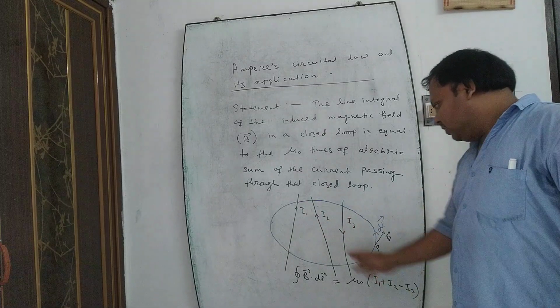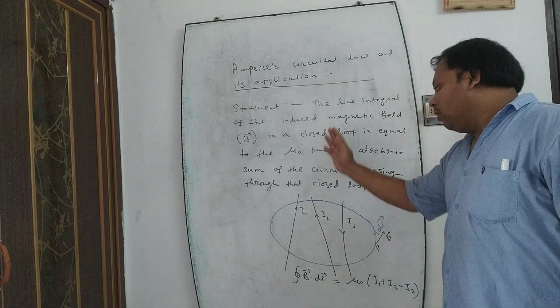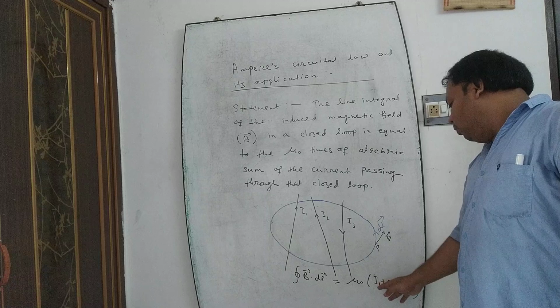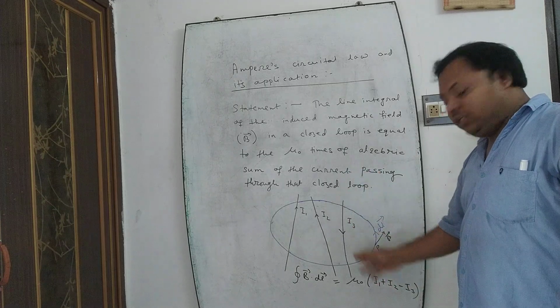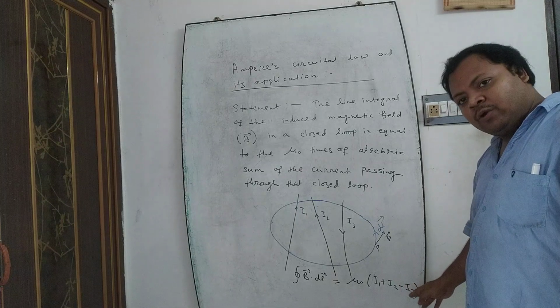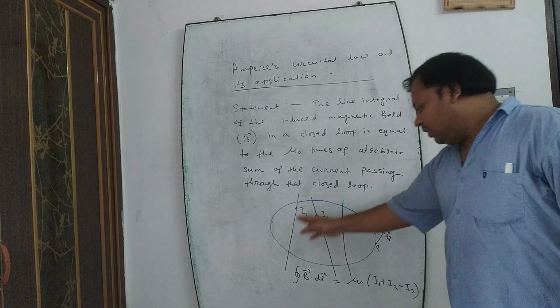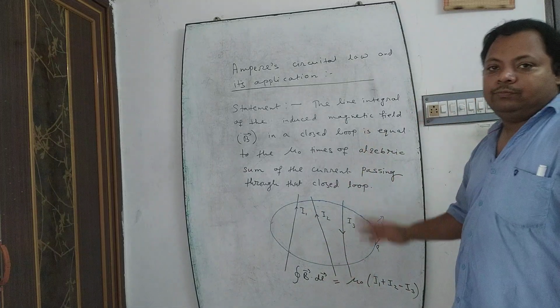Since I1 and I2 move in the forward direction, that's why I1 plus I2, and I3 moves in the opposite direction, that's why it is minus I3. Okay, this is known as Ampere's circuital law.